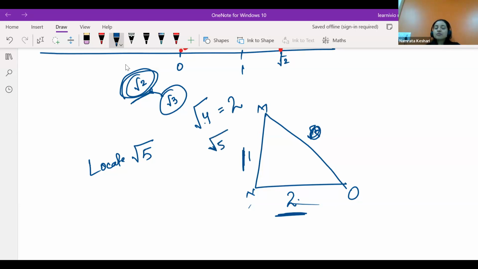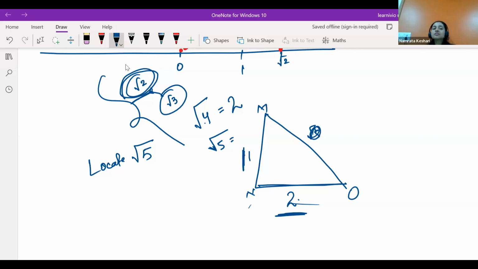If you have to locate root 5, you don't have to think about all this. Directly you can take one of the sides as 2, one of the sides as 1, and join the hypotenuse accurately, which will be root 5. Getting it? Okay, this is the construction part.